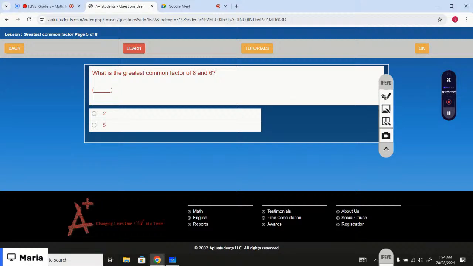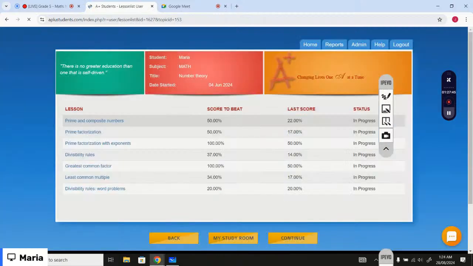The correct option is 2. Very good. Okay, you can complete the lesson by yourself later today. Let me just move on to next lesson. And the next lesson is least common multiple.